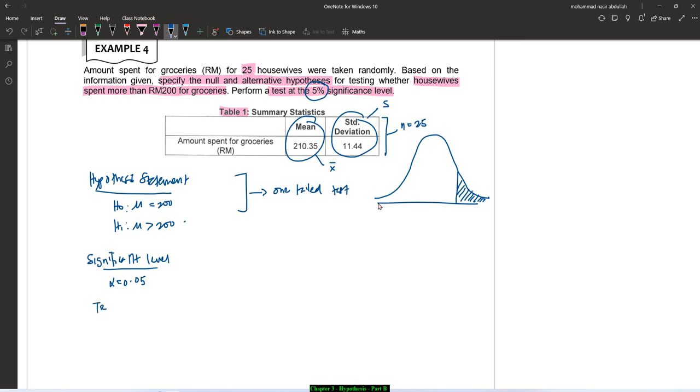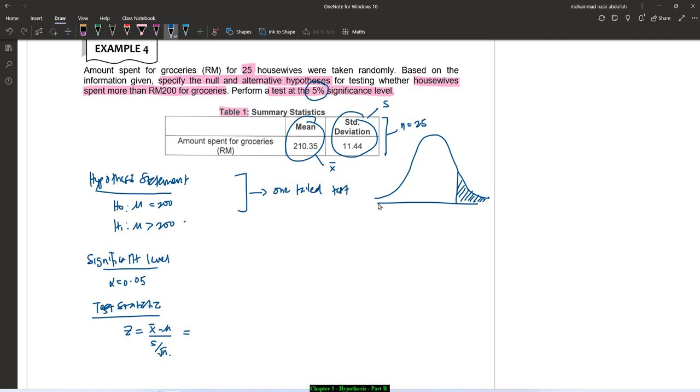And then the test statistic should be Z distribution: x bar minus mu divided by s over square root of n. Remember, the choice of using sigma or s depends on the sample size and the information on the population standard deviation.